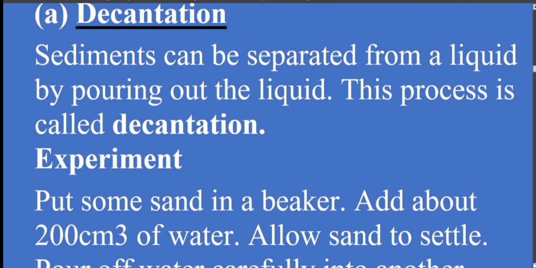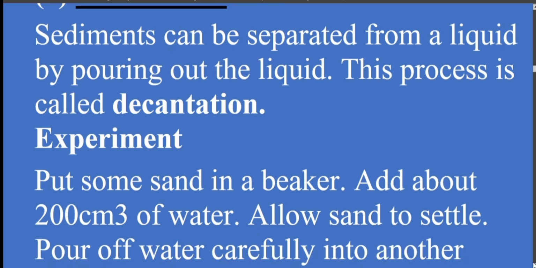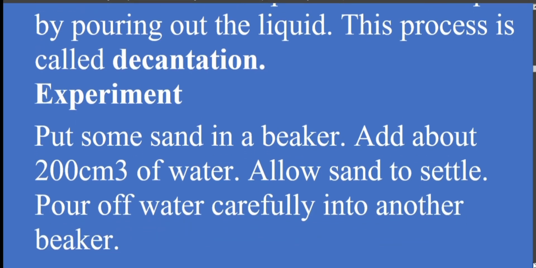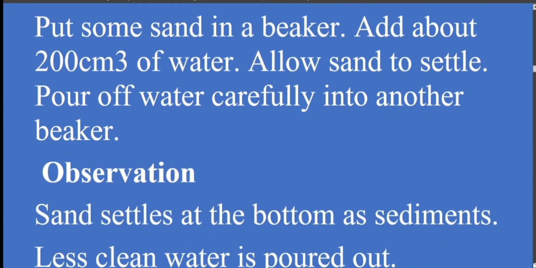We put sand in a beaker, add about 200 cubic centimeters of water, and allow it to settle. Then we pour off the water carefully into another beaker. Remember, now we have a mixture of water and sand, but not a solution.